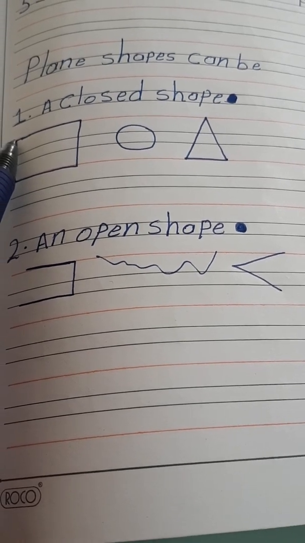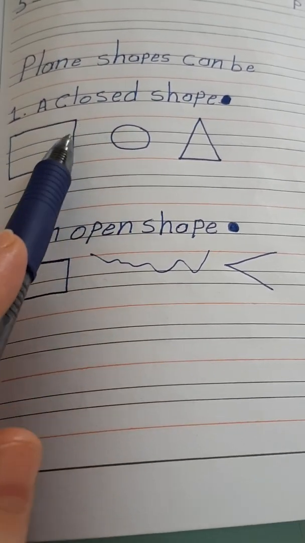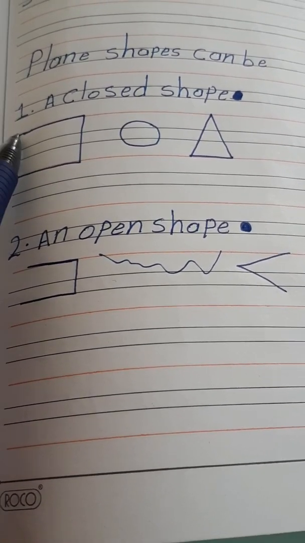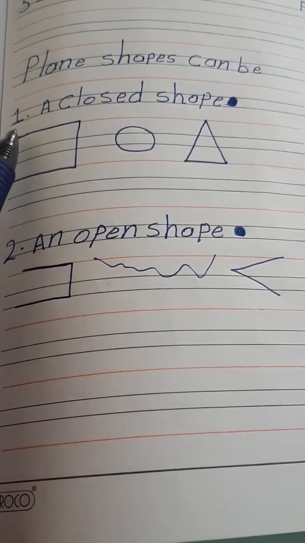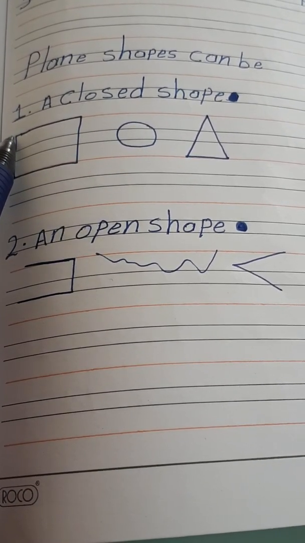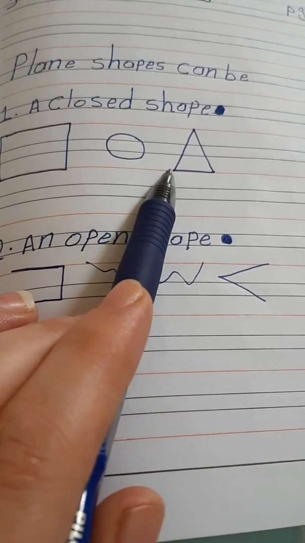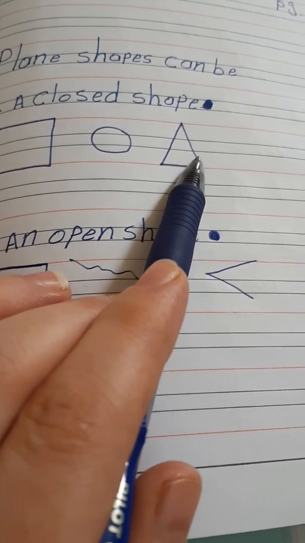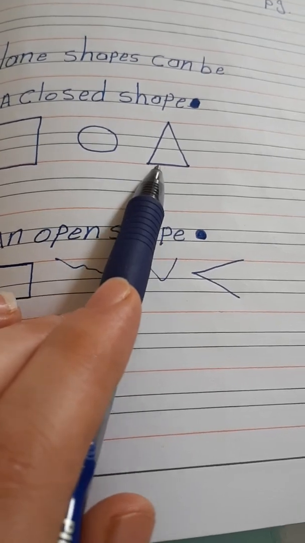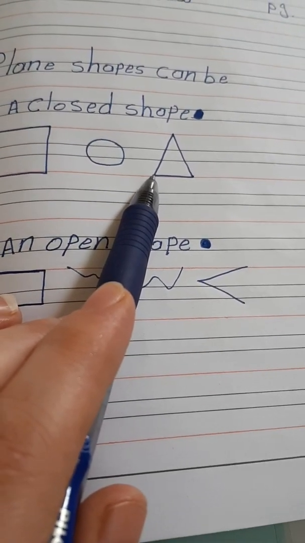If we start this shape from this point, we will move, then we will end at the same point. A closed shape starts and ends at the same point. Look here, if I start from this point, I will move and end at this point.